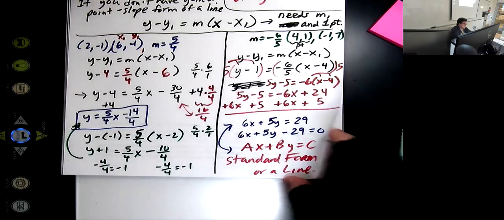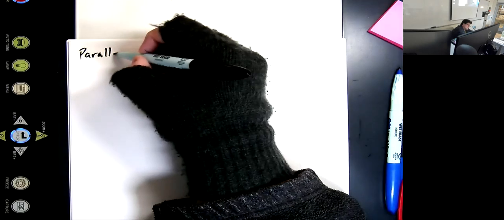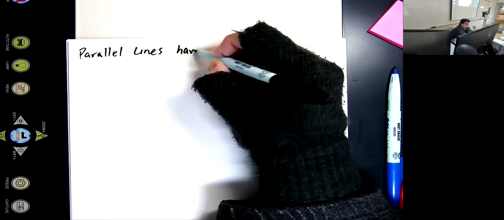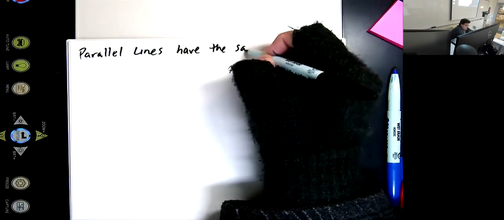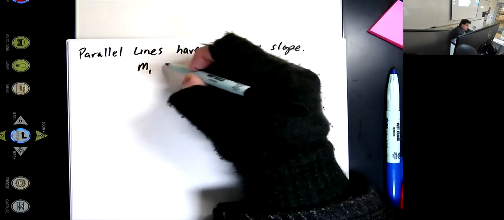All right, we got one more topic here. And we're going to do an example with it, and we'll let you out of here. So we said parallel lines have the same slope. M1 equals M2.